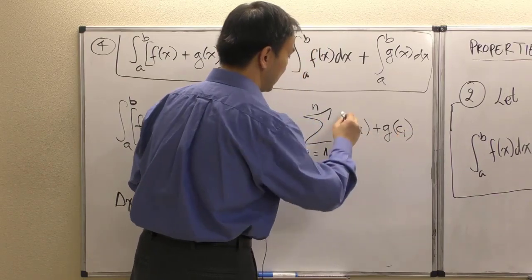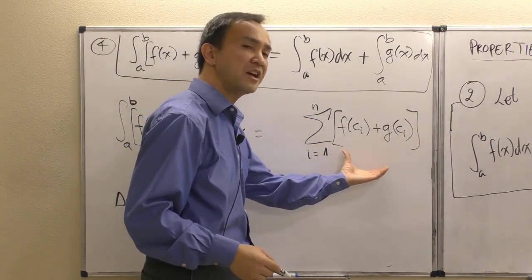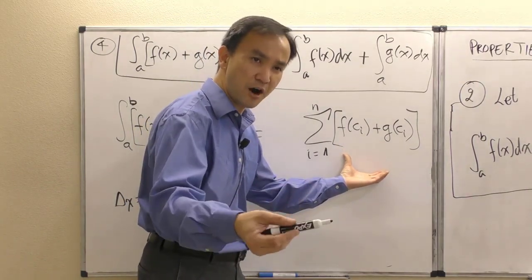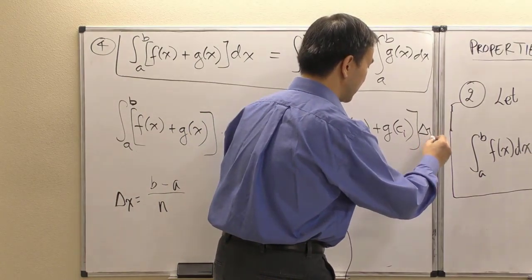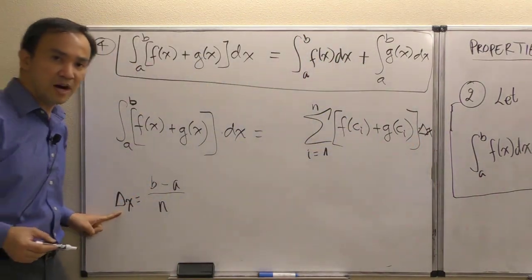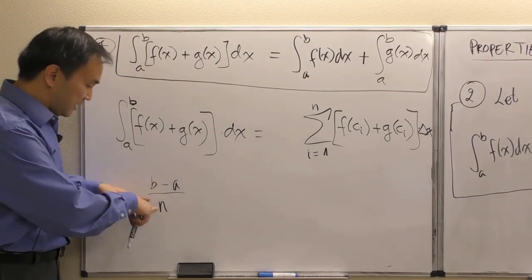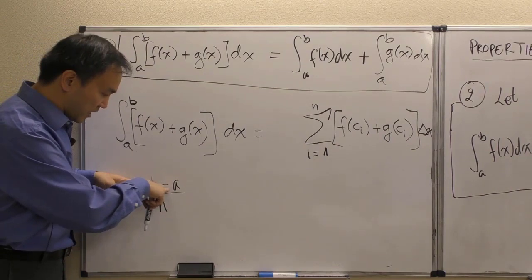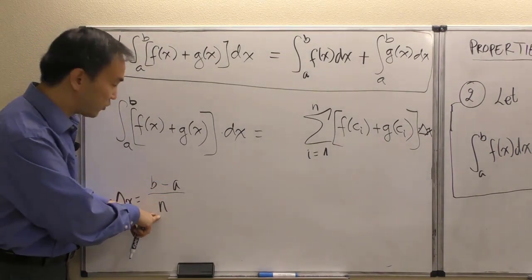So this is sort of a variation of our original Riemann sum definition with the limits. Then we multiply that by dx. And just now I reminded again that dx here is always the interval's length, b minus a, divided by the number of subintervals we desire.